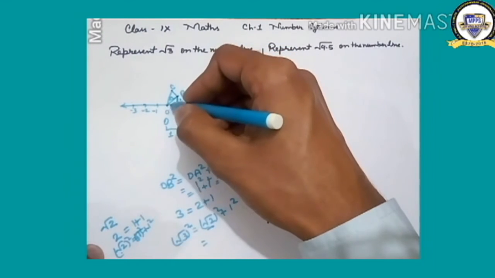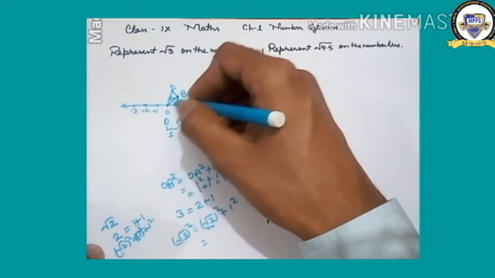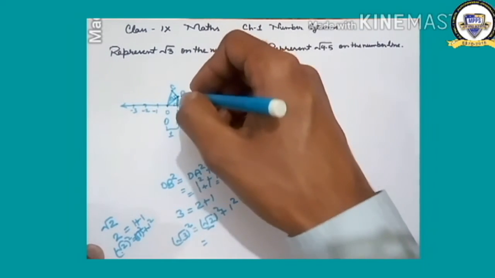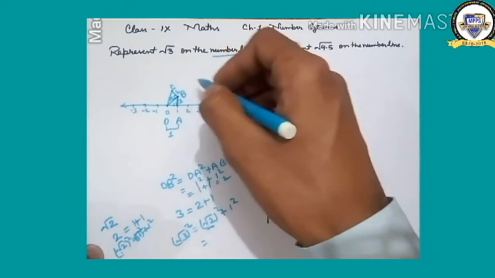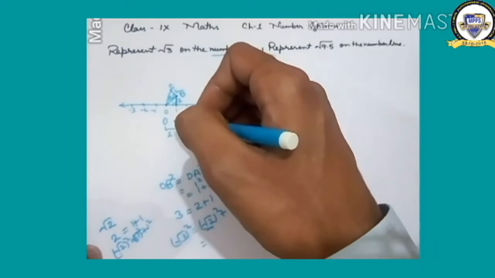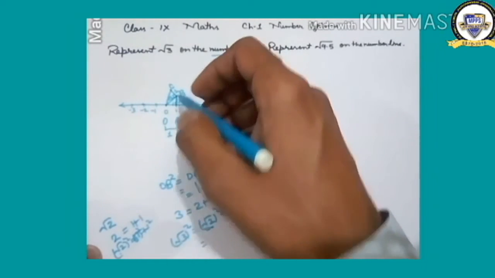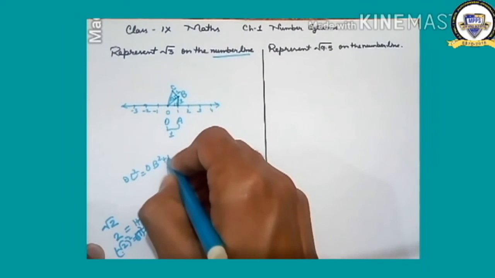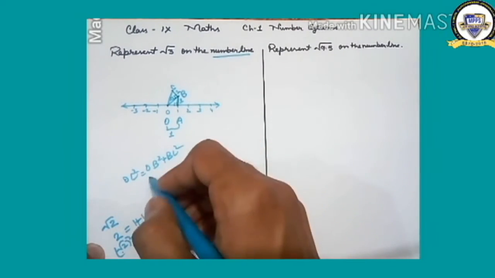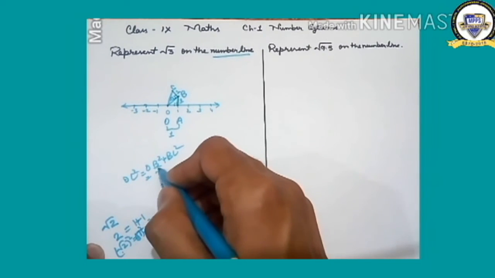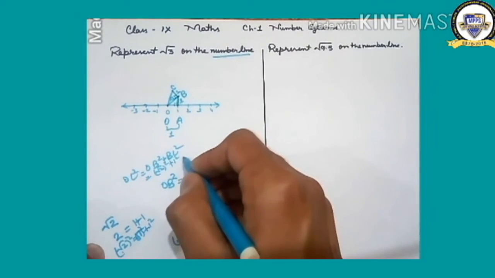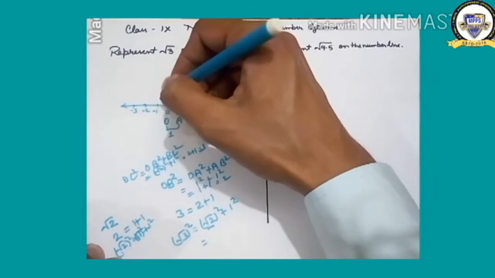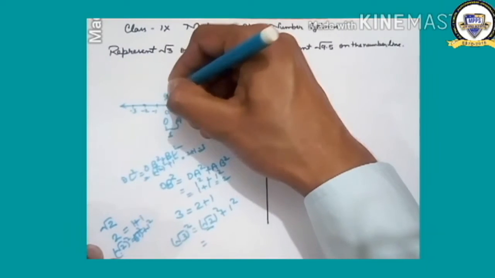Since square root 2 is OB, and you have constructed BC as 1 unit and angle B is 90 degrees at OB, OC square equals OB square plus BC square by the Pythagoras theorem. So OB square is square root 2 square plus 1 square, that is 2 plus 1, that is 3. OC square equals 3. That's why OC will be square root 3.